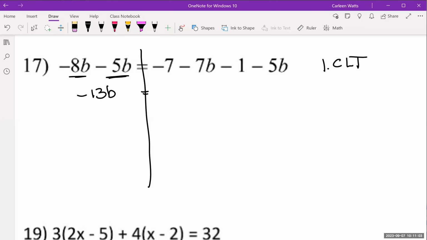I think the variable should always be x. Ah, awesome. Okay, you're ahead of me. Let's combine like terms over here. -7 take away 1 is -8. I lost $7 and I lost 1 more. -7 minus 5 is -12b.